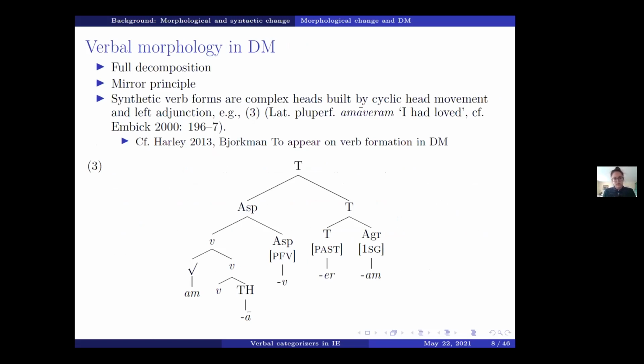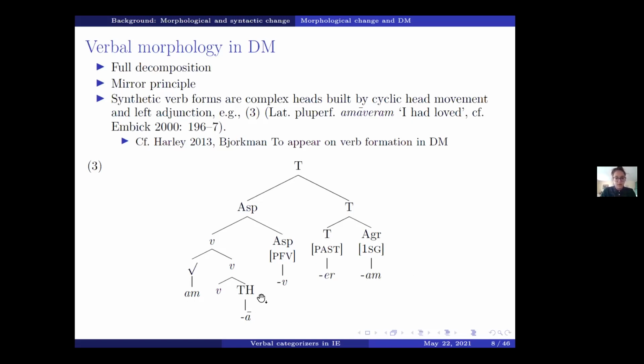And synthetic verbs are complex heads that are built by successive cyclic head movement, as illustrated in 3 with a fairly complex Latin form that I took from Embick 2000, where we assume that the roots combine with verbal stem forming morphemes, and then with higher functional verbal projections, and terminal nodes get spelled out or realized with designated morphemes depending on their feature content and on the context.